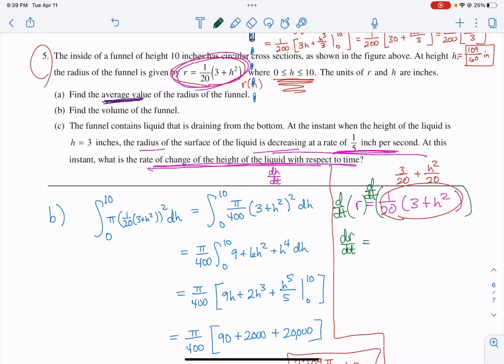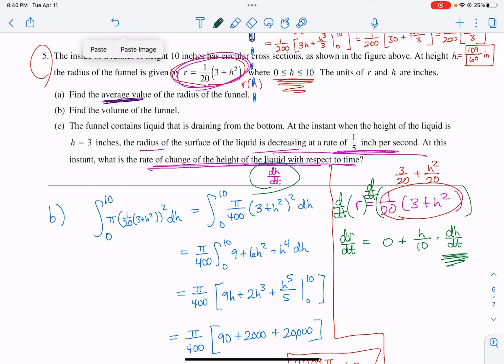When I'm taking the derivative of the right side, I know I'm going to get 0 for the first term because there's no time. It's a constant. And the next term is going to give me h over 10, using the power rule on that second term, and then times the time derivative of h, dh over dt, which is exactly what we're looking for. That's what they want us to find.